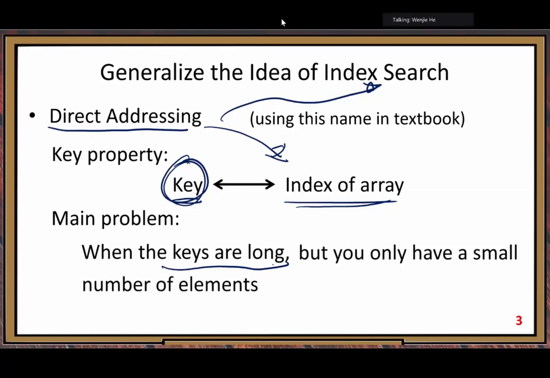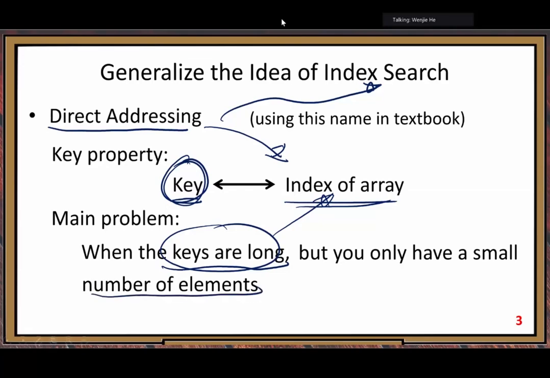But if you want to use long keys as the array indices, then your array will be very large, right? But the elements in your data are not too many.